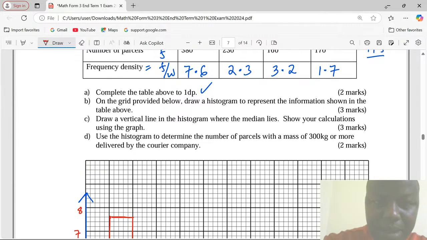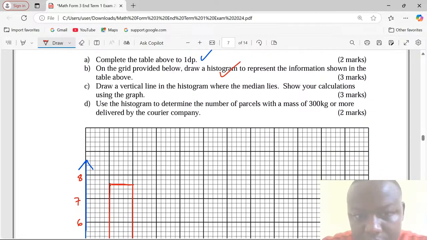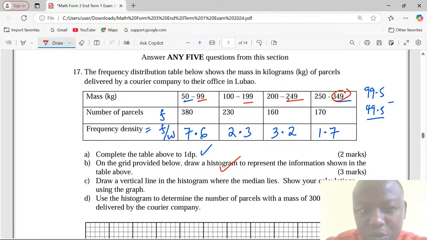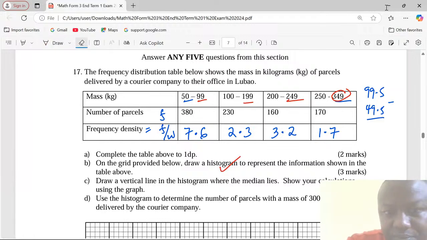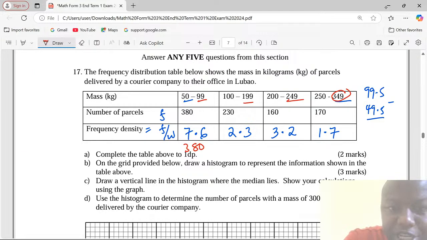Then there is part C. Draw a vertical line in the histogram where the median lies. So we are supposed to look at, first of all, the total number of parcels. We start with 380, we add 230, and that will be 610.